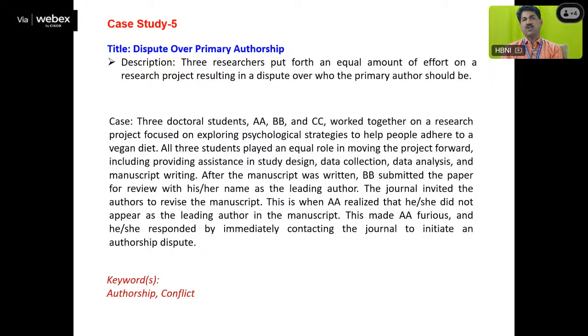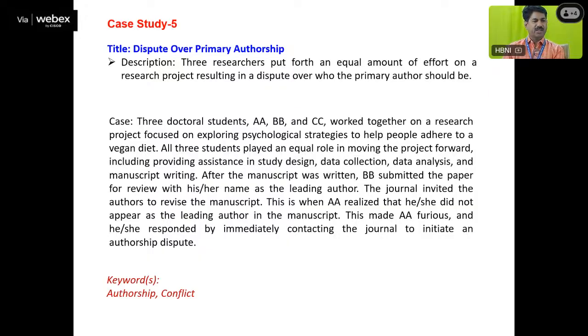The person who has not worked should not be given undue advantage or undue inclusion in the author list. Similarly, if a person has worked rigorously, he or she should not be removed from the author list. And primary authorship is also sometimes very important. This particular case study is about a dispute over primary authorship.